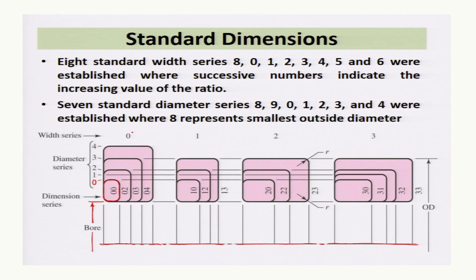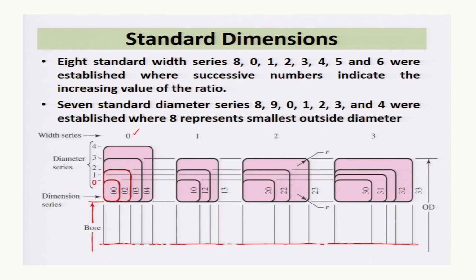The width series suppose is constant, it is 0, but the diameter series is increasing from 1 to 4. The series is now 2, then the bearing will be designated as 0 and 2. Width series remains 0. So, this will be the shape of the upper half of the bearing.